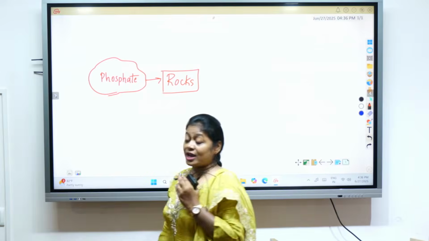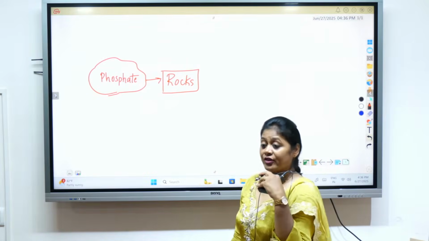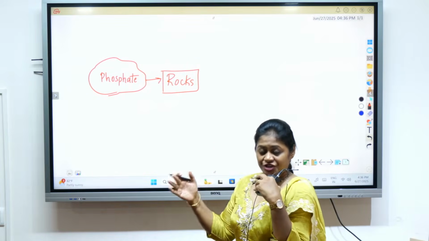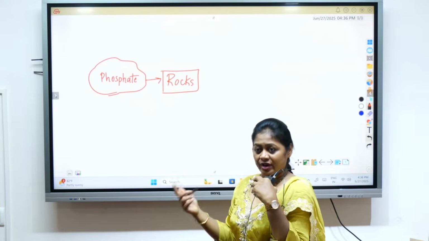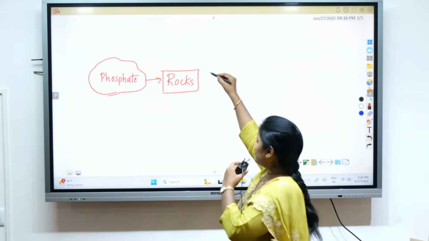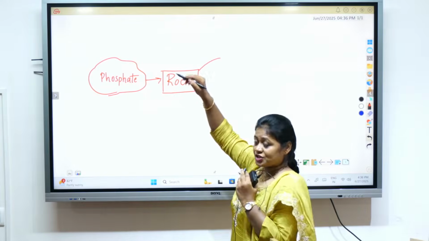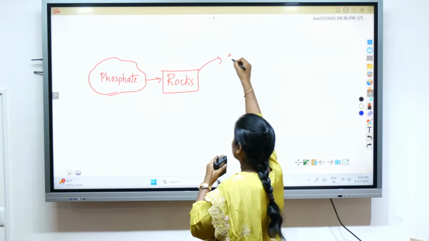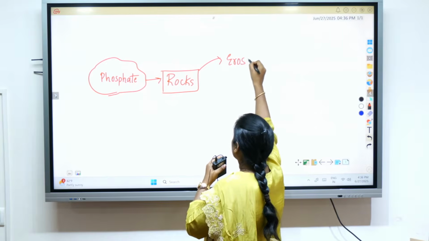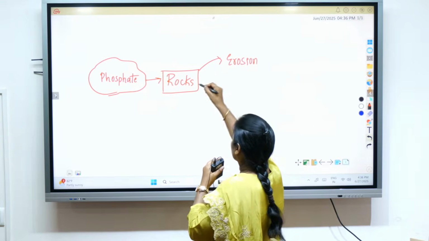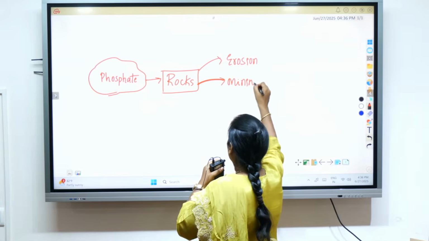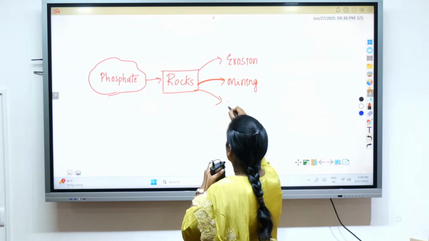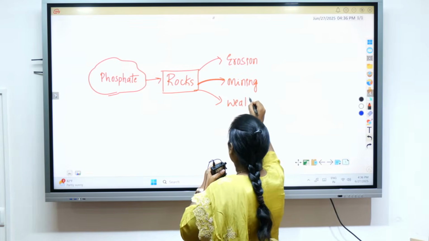When rocks are exposed to different agents like wind, sunlight and rainfall, that is called denudation or degradation. Erosion, degradation or mining expose these rocks, which contain phosphates, to weathering.